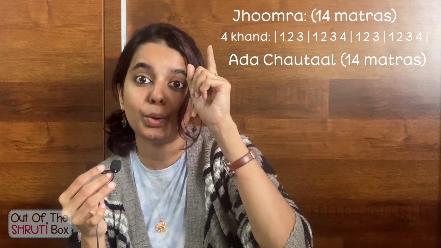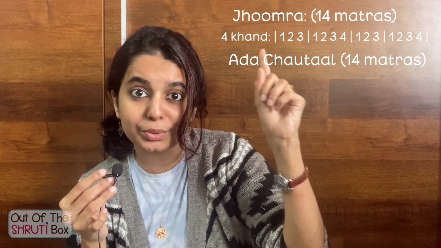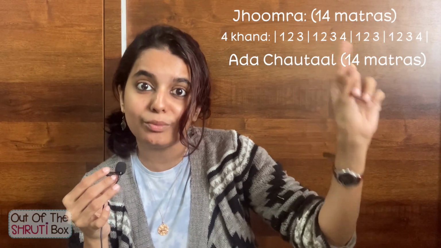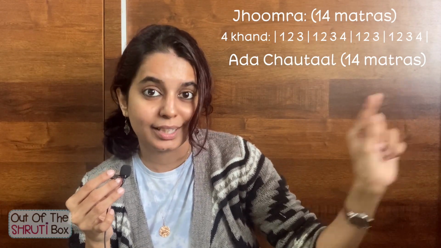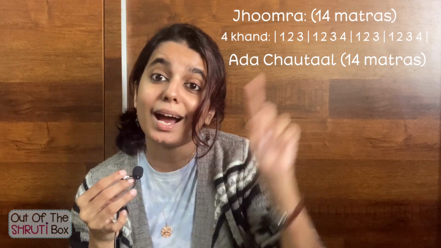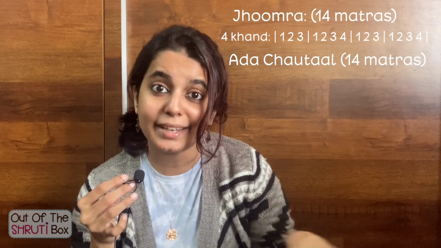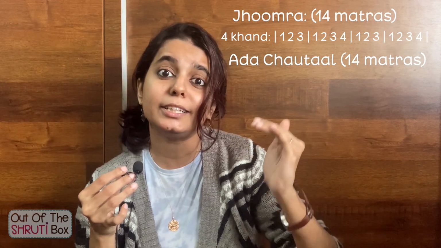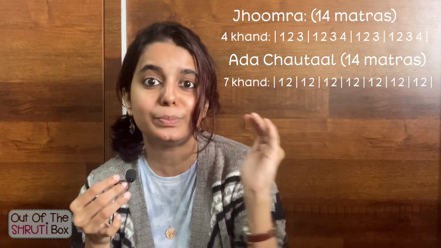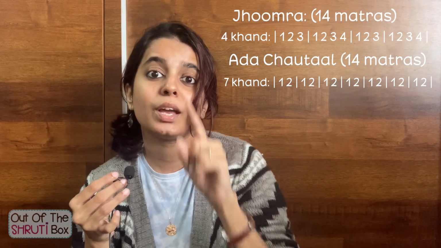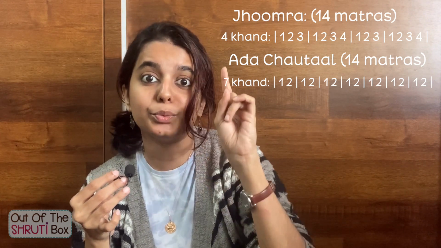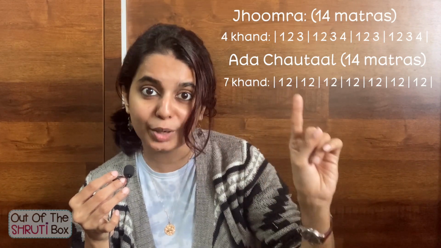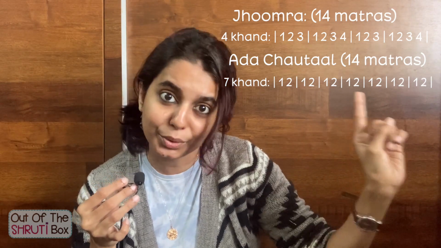So it would be 1 2 3, 1 2 3 4, 1 2 3, 1 2 3 4. That's Jhumra. But Ada Chautal, on the other hand, again has 14 matras, but these matras are divided into 7 sections of 2 beats each. So that would go 1 2, 1 2, 1 2, 1 2, 1 2, 1 2, 1 2. Okay. So a tal has matras and it has khands.